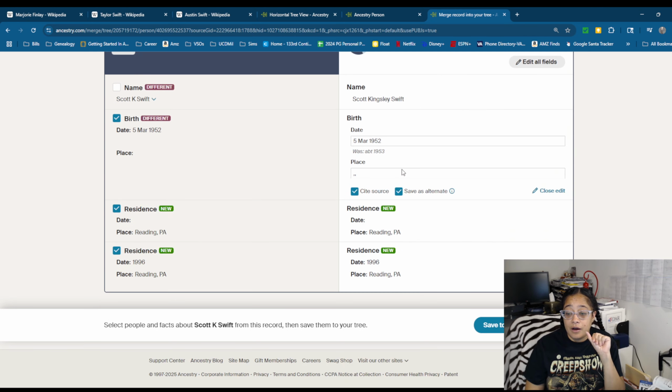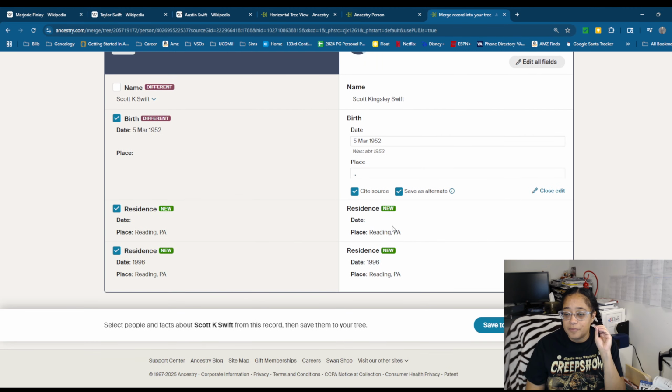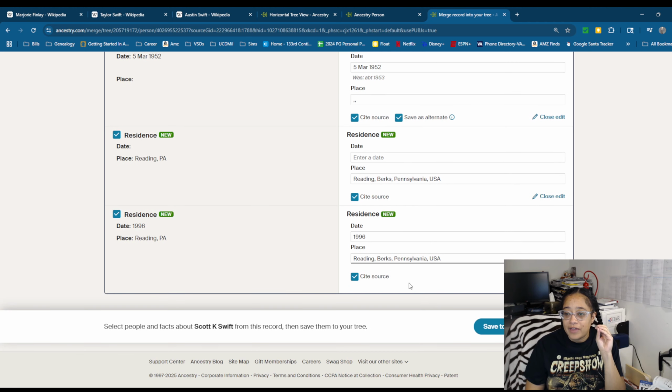And then, again, I don't know why this does this, but it sometimes does not bring in the date. So usually what I do is I go back and add that other second date in later, but again, I click the places and make sure they're fully fleshed out so we know where exactly that is.